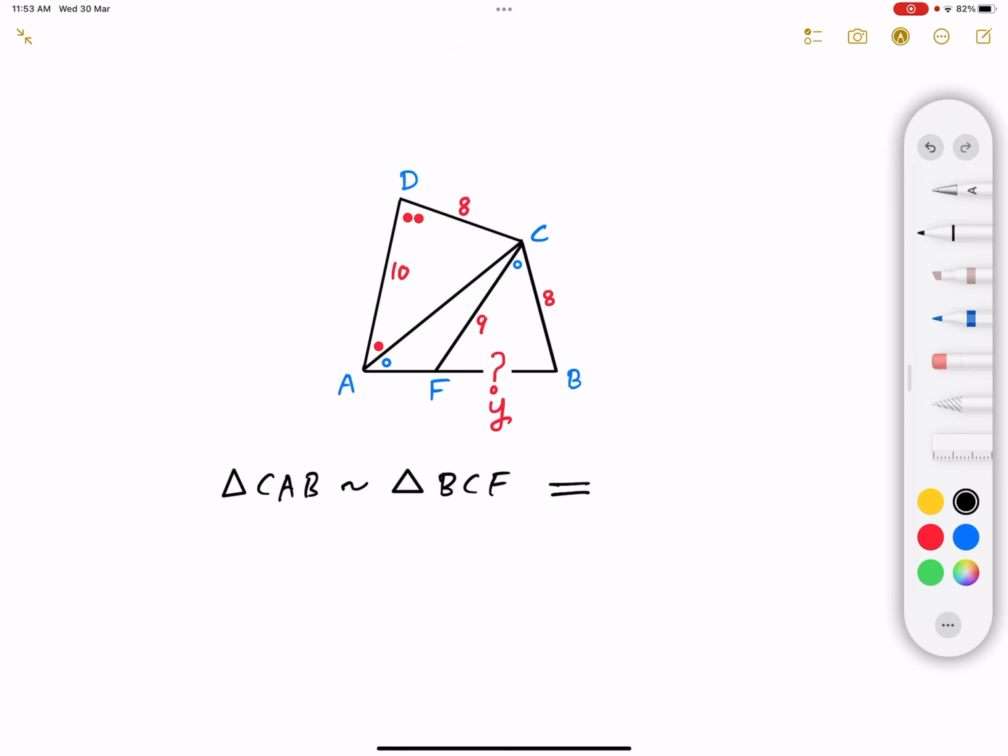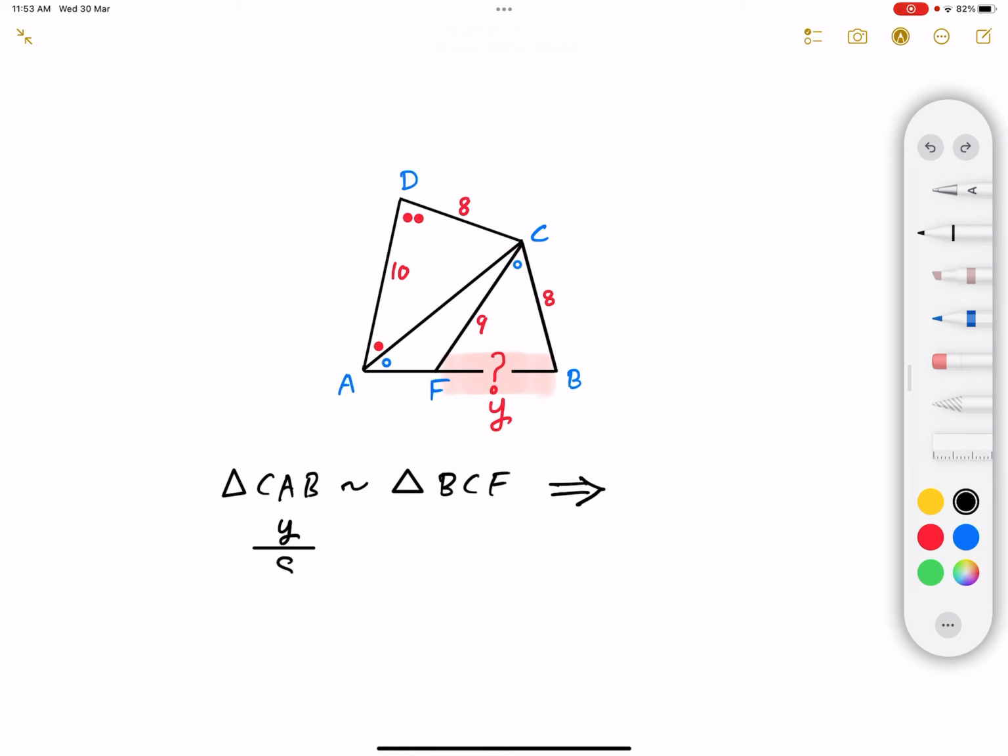Based on that, we can find that the proportion of y divided by 8, y being this length here, is proportional to this length here divided by 8.